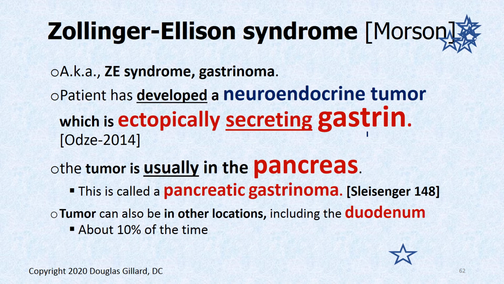Because gastrin comes from G cells in the pyloric region of the stomach, the pyloric glands specifically. And anytime we get a bunch of cells or glands secreting gastrin somewhere else, that word ectopic comes into play. And yeah, they can be in the duodenum as well, about 10% of the time, but it's usually the pancreas.